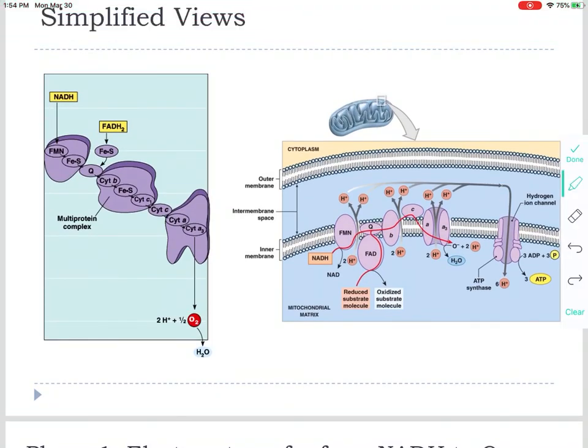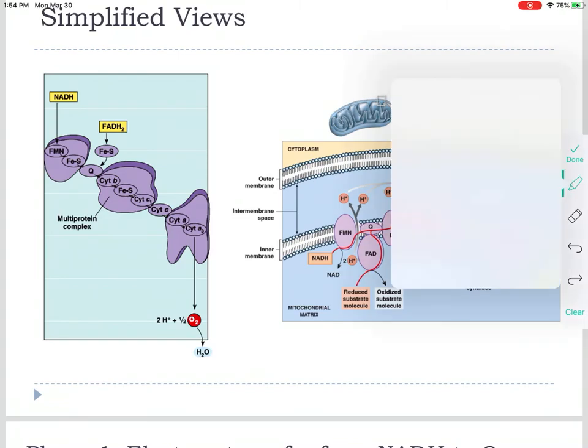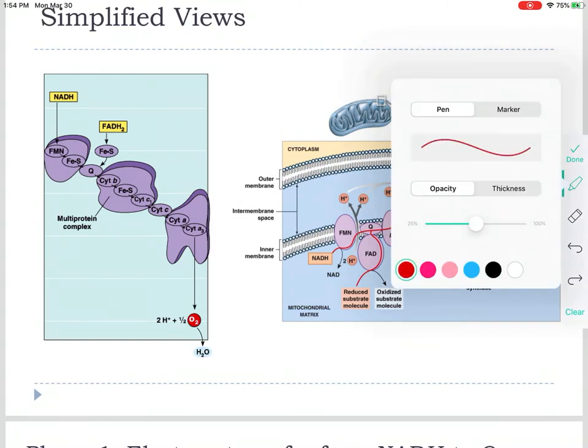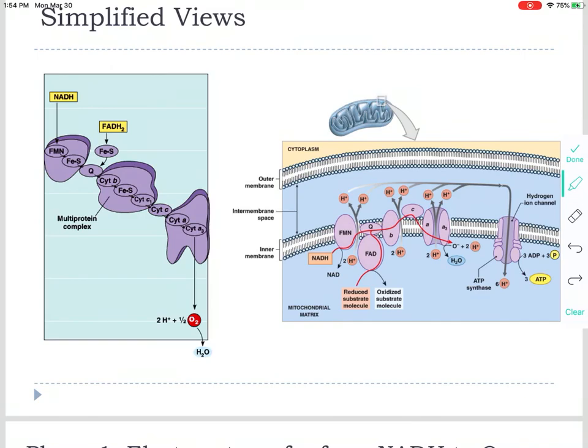And let me go back to the simplistic view, because look here on the left. Let me do it in, I think red will be good. So we have NADH and FADH2 from the Krebs cycle. And what are these little guys doing? They're carrying electrons.